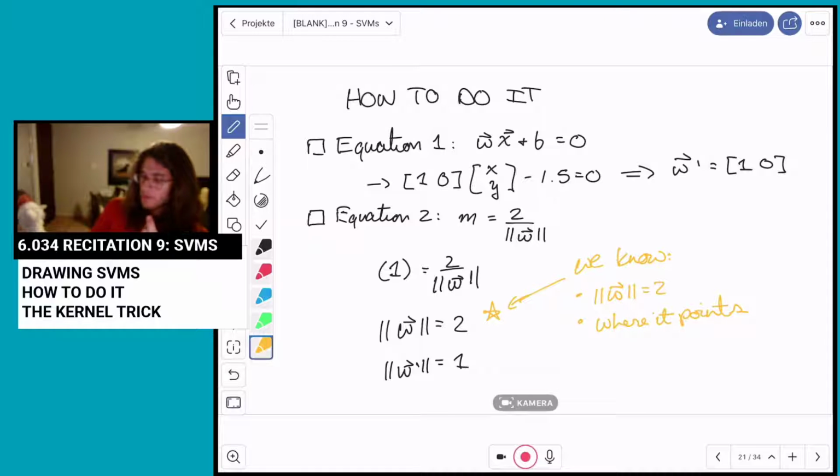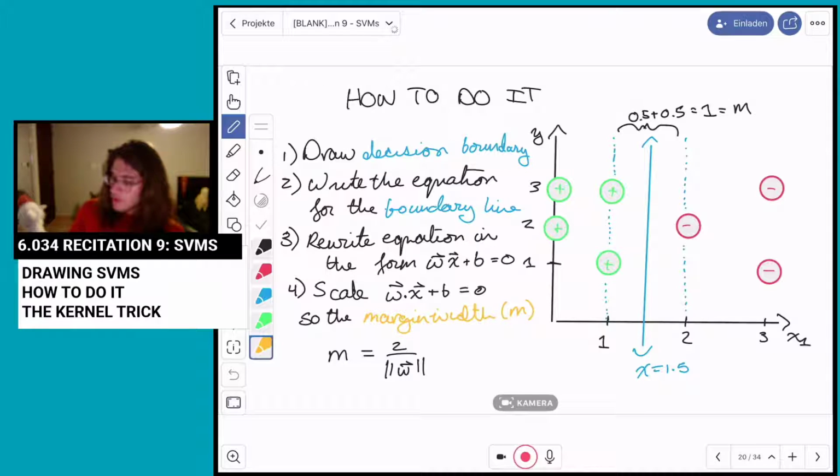So theoretically, we could rescale W vector prime from 1, 0 to 2, 0. That changes the magnitude problem. And we could multiply by -1, which changes the direction. But that doesn't solve one thing. We still don't know how we need to change the offset to match the change in the W vector.